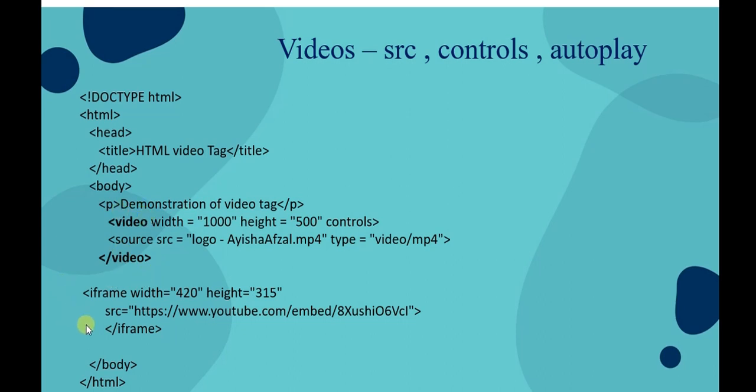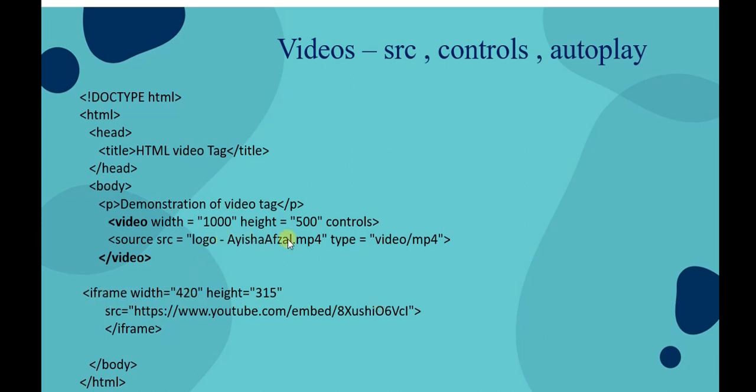Then the second part, what this means is inserting a YouTube video. The first one, you can insert whatever video is physically present in your folder, like one you already downloaded. But for YouTube or any other platform, if you want to display that video in your web page, you can simply represent that link in the source attribute.